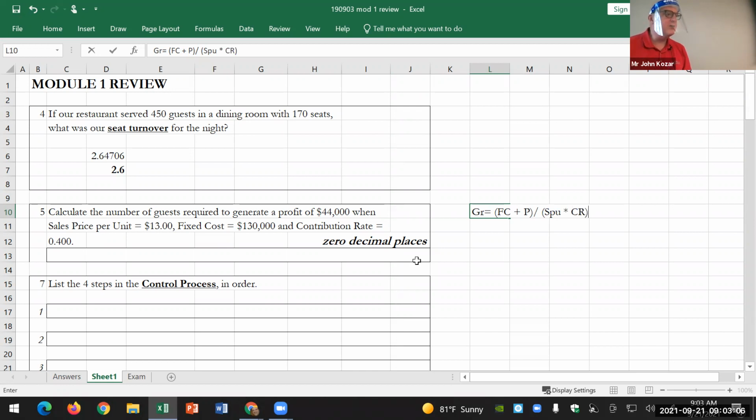Okay, so it's the sales price per unit times the contribution rate. And so that's going to equal 174,000.